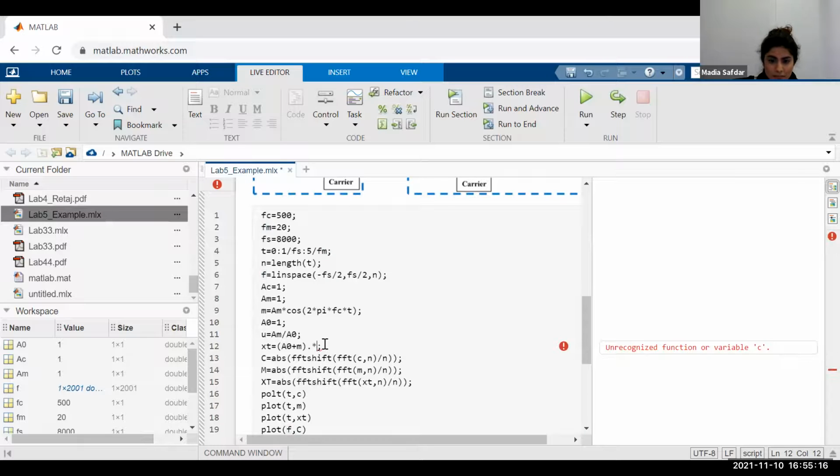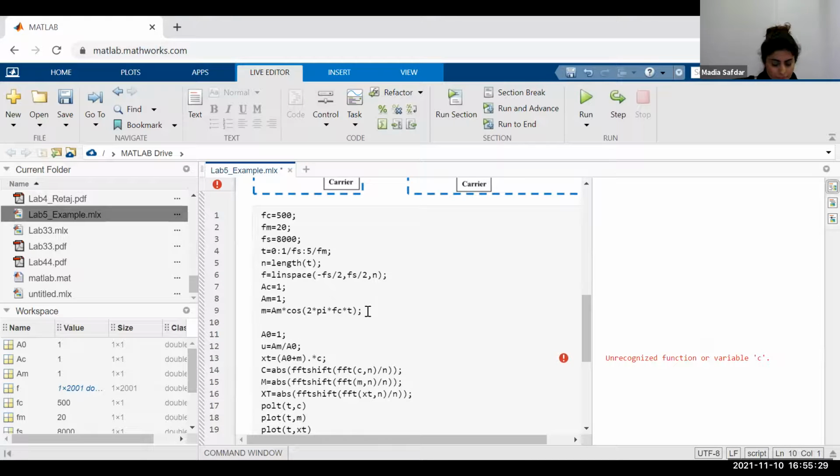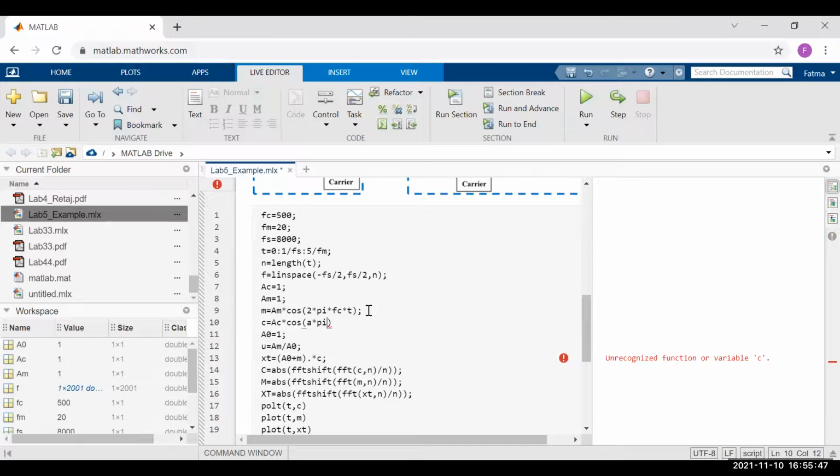No, you missed some of the things. This C is equal to AC into cosine of 2 pi FC into T. Okay.